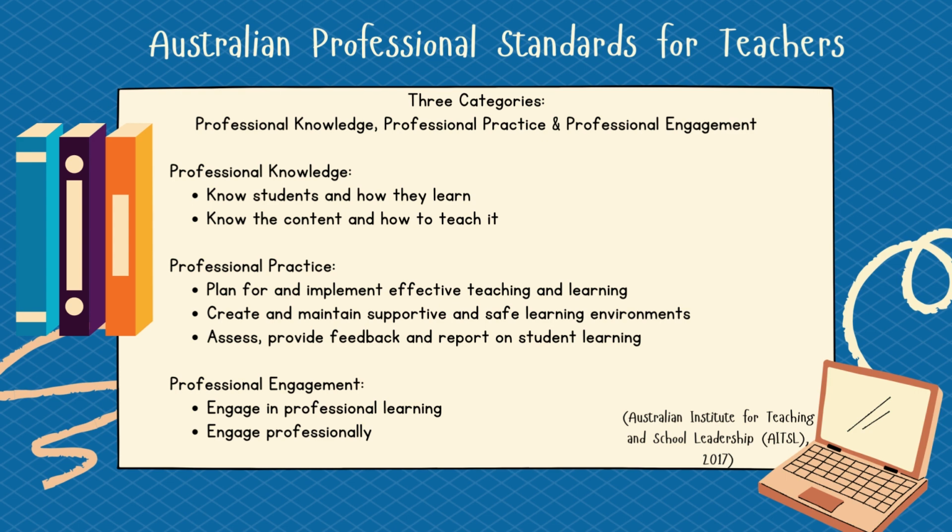Professional practice entails planning and implementing effective teaching and learning strategies, creating and maintaining supportive and safe learning environments, as well as being able to assess, provide feedback, and report on student learning. Lastly, professional engagement involves engaging in professional learning and ensuring you remain professional whilst educating.